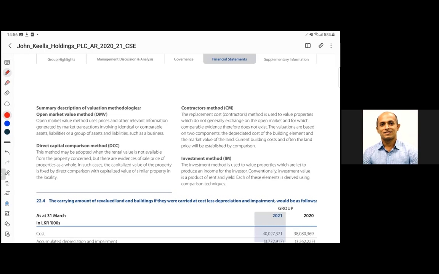In the UK property, plant and equipment standard, you find a similar guideline. The guideline is similar to our LKS 16. So you can read and see whether the accounting standard has been applied.